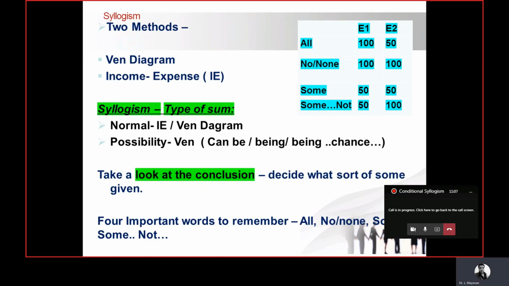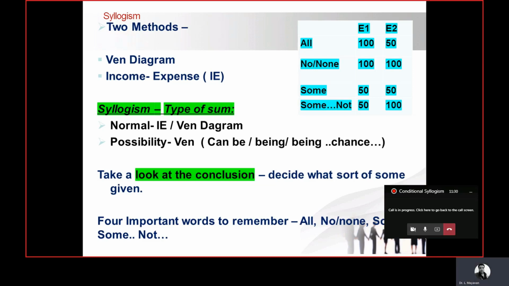I suggest this particular method can help the students to work out in a better manner, rather than following other methods. And I hope you would find this method is the easiest way of solving any questions on syllogisms.